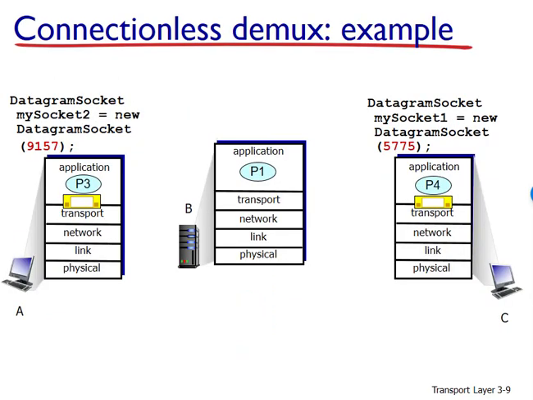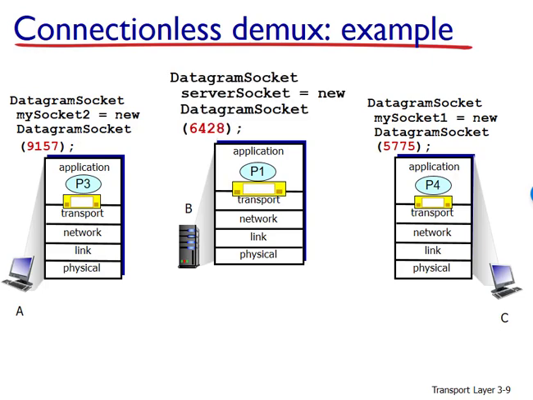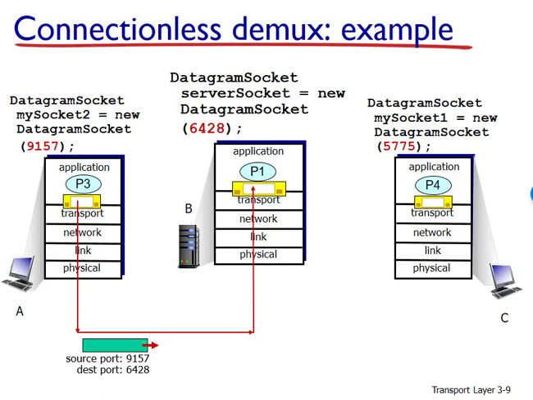Alright, you have the two sockets there on P3 and P4, 9157 and 5775. We have a socket 6428 on P1. Message comes from source 9157, that's that port number on P3, and it's destined for port 6428, which is that port number on P1.